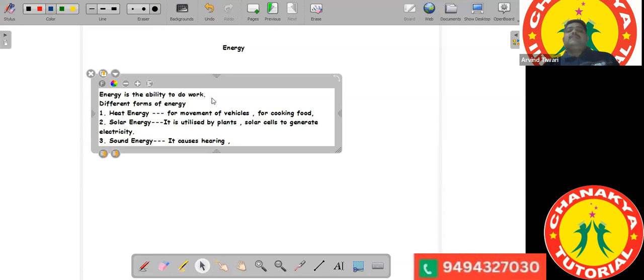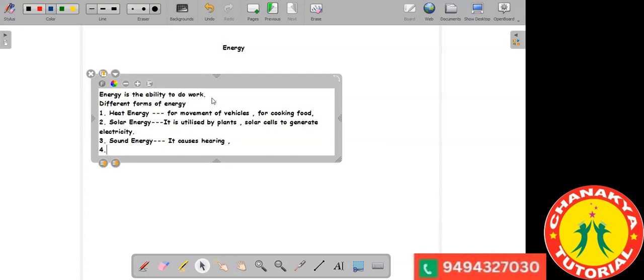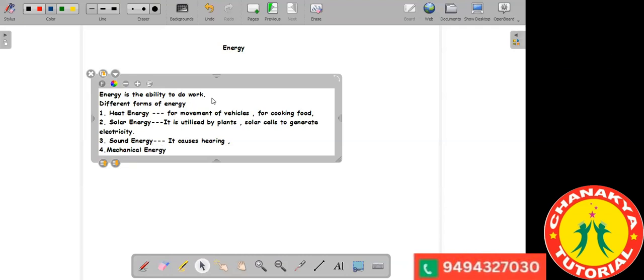There are various other uses of sound energy. We'll come to know about sound energy. Then apart from sound energy, you have some other sources of energy. Mechanical energy. Mechanical energy is given by potential energy plus kinetic energy.